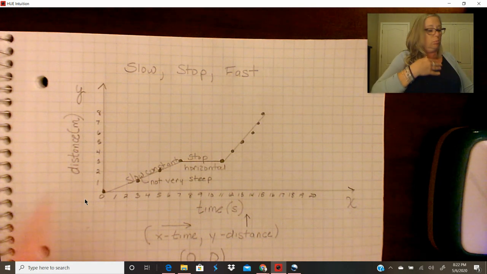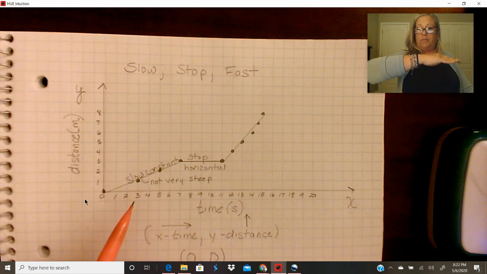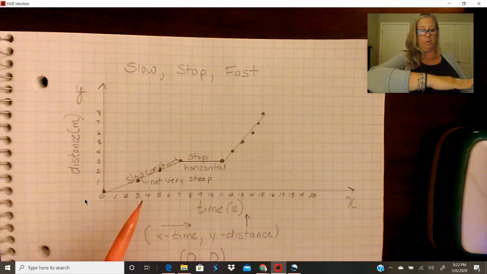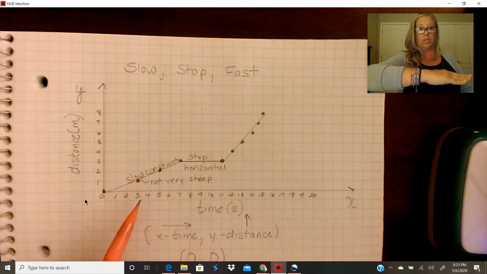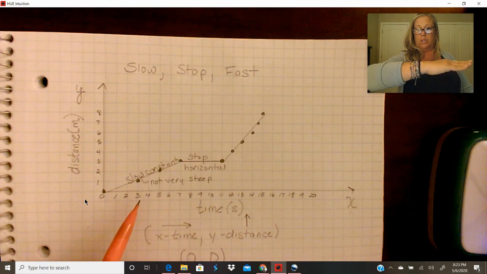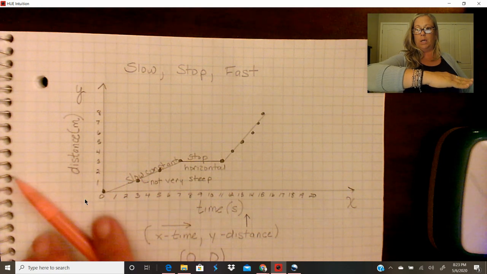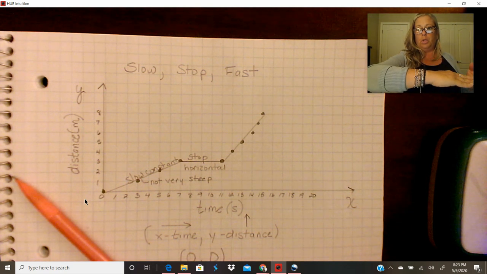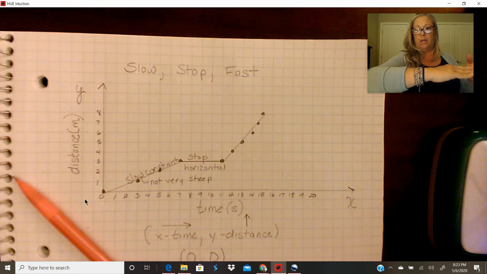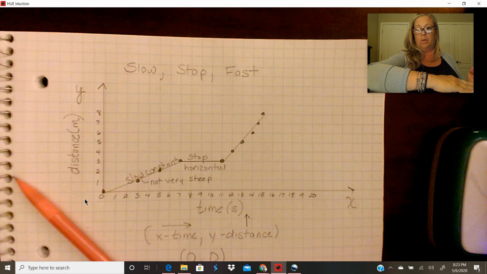The other way to remember that a slow constant is kind of flat is if you first keep in mind that an actual flat line means stop, then if you have a diagonal that's just a little steep, that's close to a stop, right? A little steep is almost a stop. So when you have it kind of flat like that, you know you're going really slow because it's almost a stop, right?